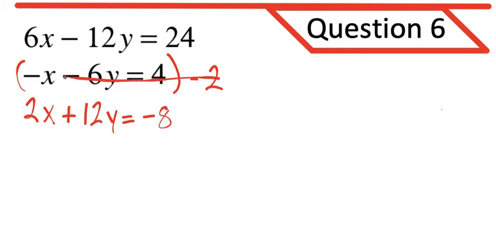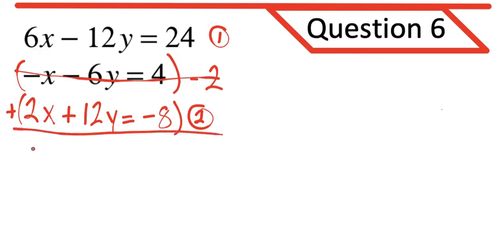We'll cross this equation out. On top we have equation number 1, on the bottom we have equation number 2. And then now that the y's are set up, we can eliminate the variables or add the two equations together. 6x plus 2x is going to be 8x.